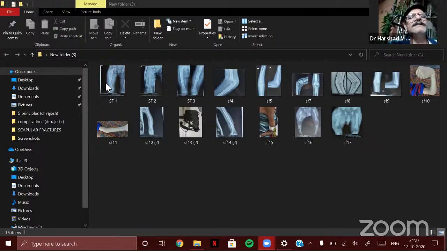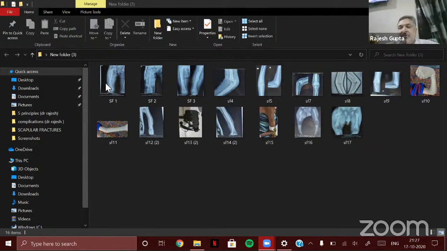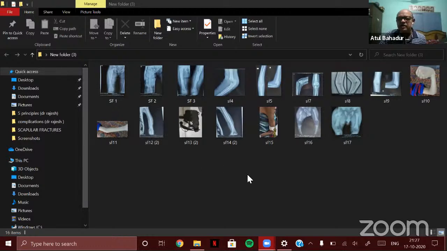For above elbow, we go just below the axilla, not up to the axilla. Basically, you have to see the most muscular area where the cast will not come. That's the basic idea of the upper limit, especially in a single bone.